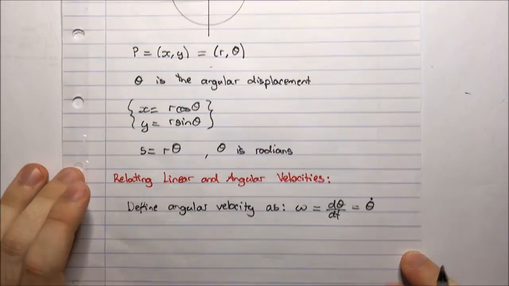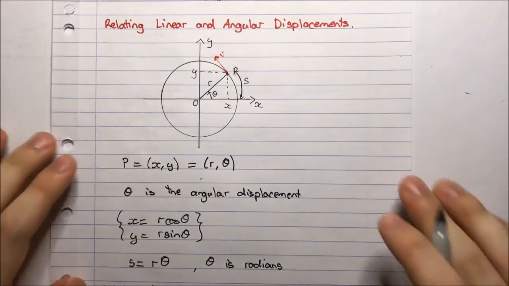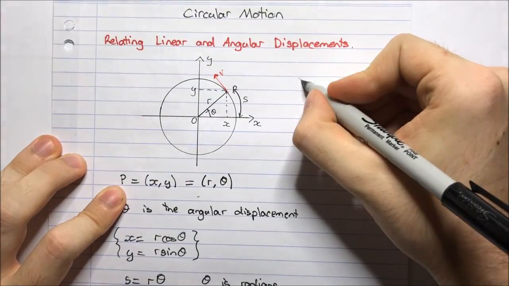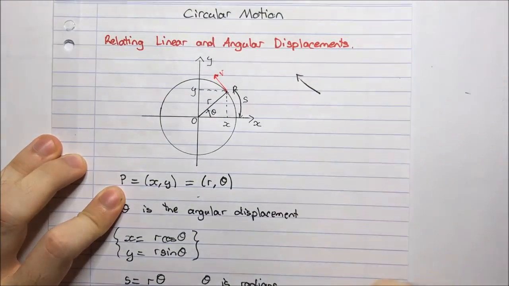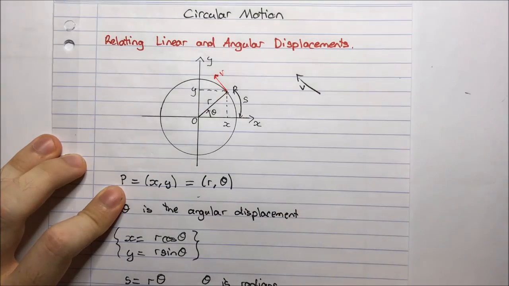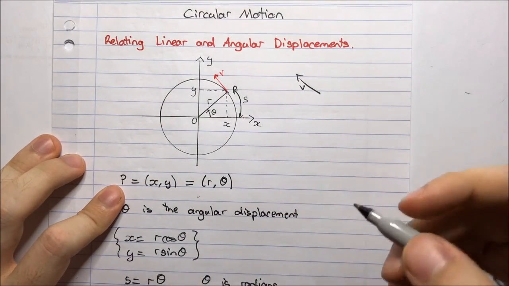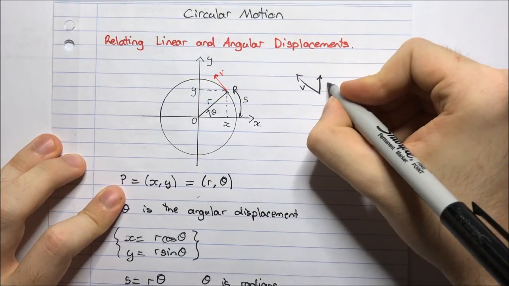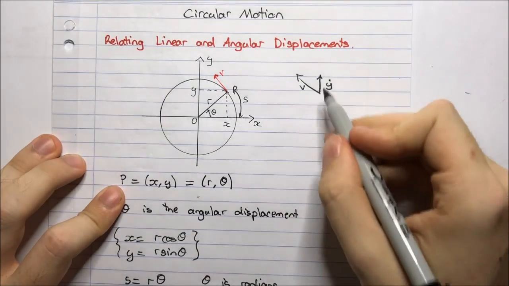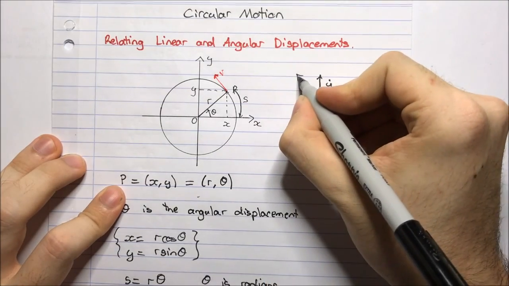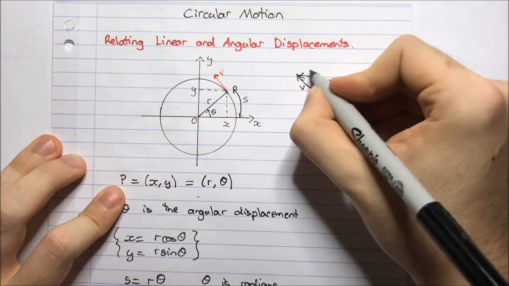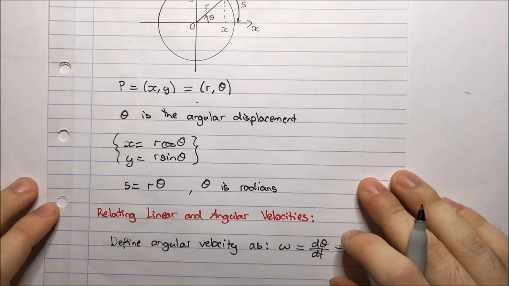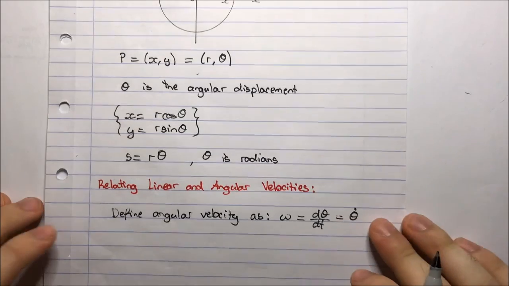Okay, now let's have a look at our velocity. Our velocity vector, let's draw this to the side so we have it more clearly. Our velocity vector, v, can be decomposed into two parts: a vertical component, which is y dot, the y component of the velocity, and also a horizontal component, x dot, which is our horizontal component of the velocity in the x direction.